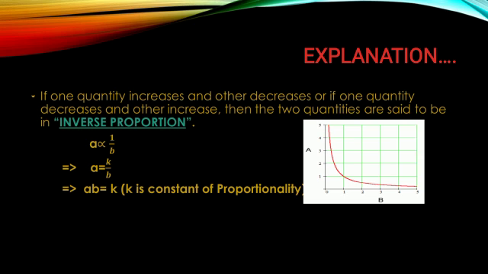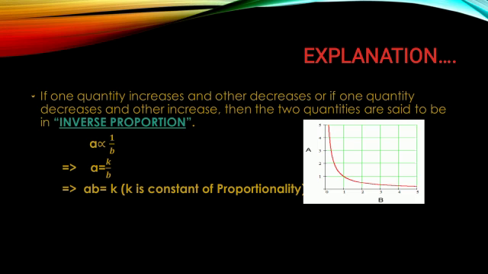Clear? You can keep the arrow diagram in your mind. That will be more beneficial for you. Mathematically we can write A is proportional to 1 upon B. You can read it like that. Otherwise you can also say A is inversely proportional to B. Here you will not say 1 upon B.